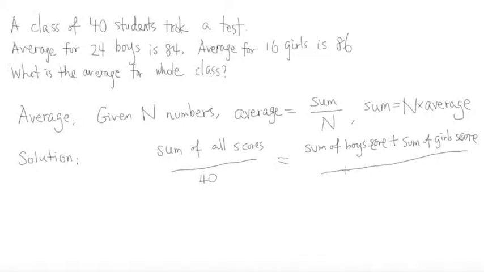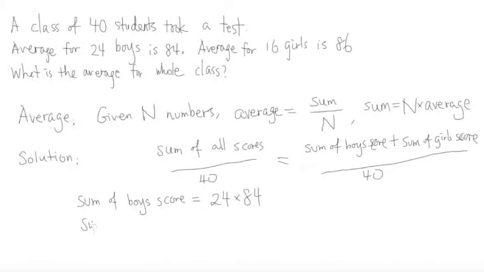And the whole thing you divide by 40. And that's the definition of average. Meanwhile, we can find the sum of boys' scores using sum equals n times average. So the sum of boys' scores, in this case, the n will be 24 boys and average 84.